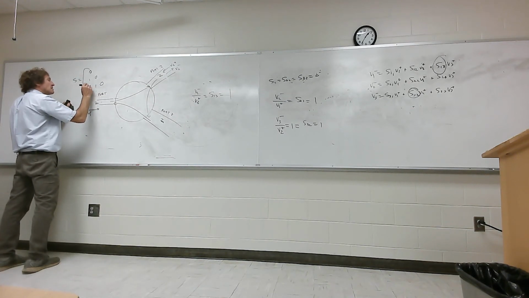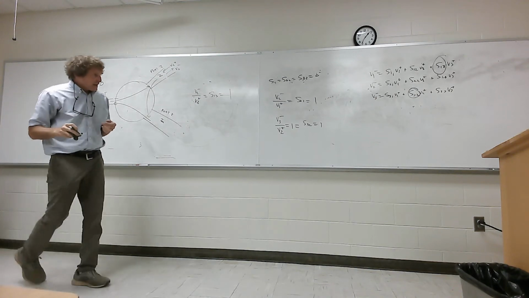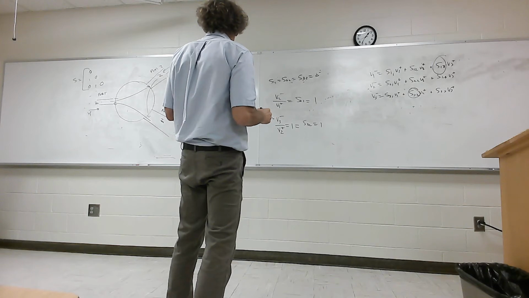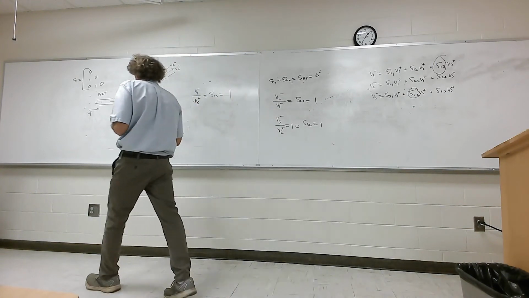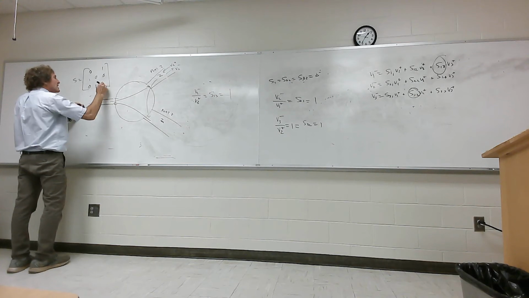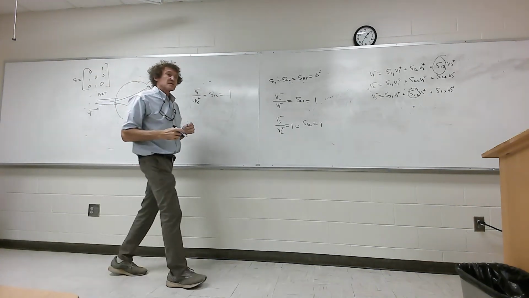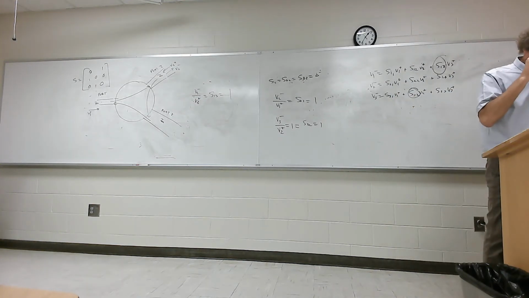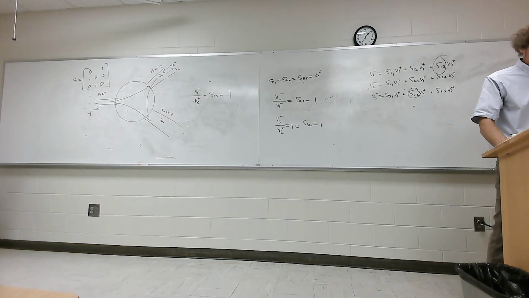That's a 0. S13 is 1, so that's up here. Everything else is 0. That's the S parameter matrix for an ideal circulator, and that's equation 10.36 in the text. Can you all see that in the text, class?